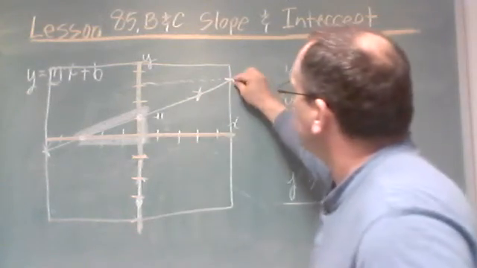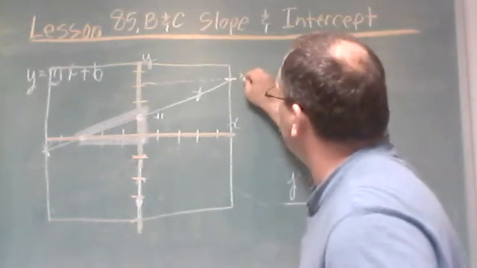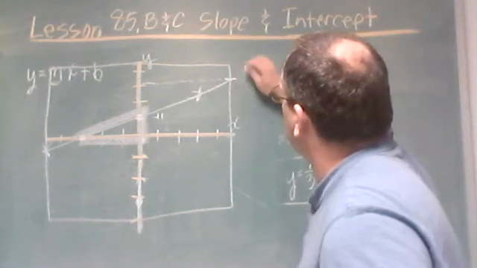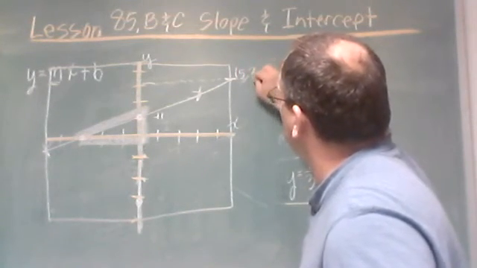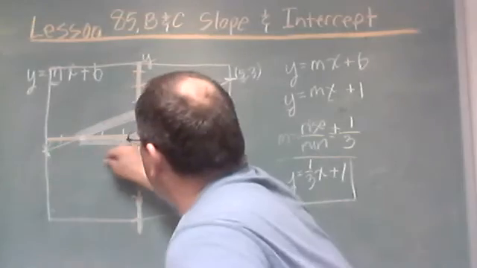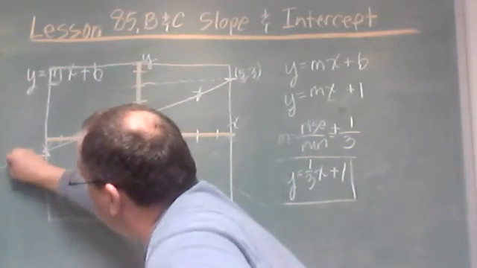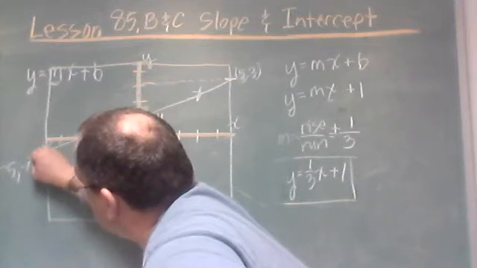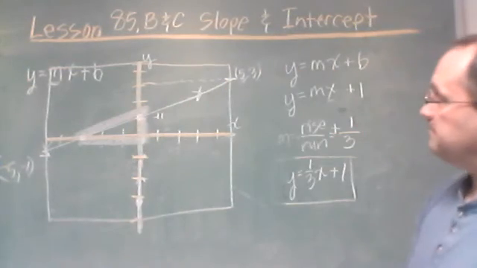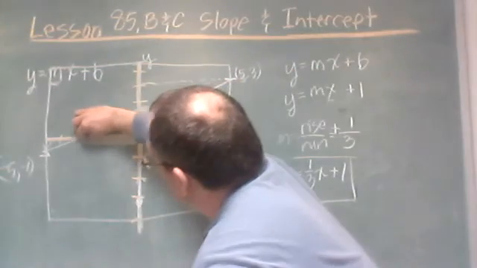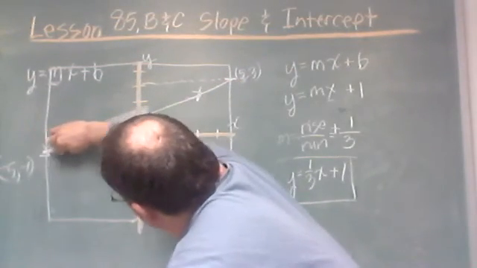Here at 1, 2, 3, and 1, 2, 3, 4, 5. So here the point would be 5 and 3, and over here it would be minus 5, minus 1.